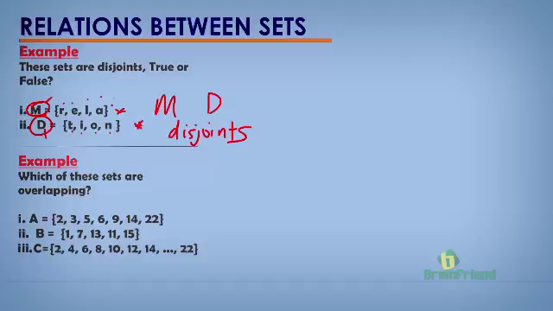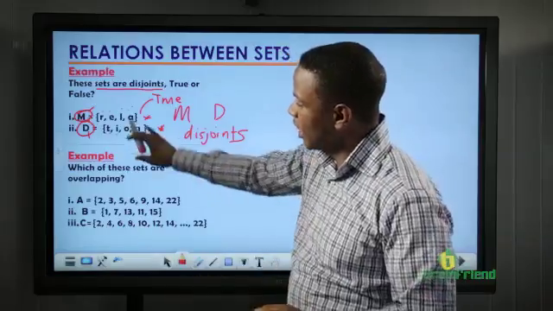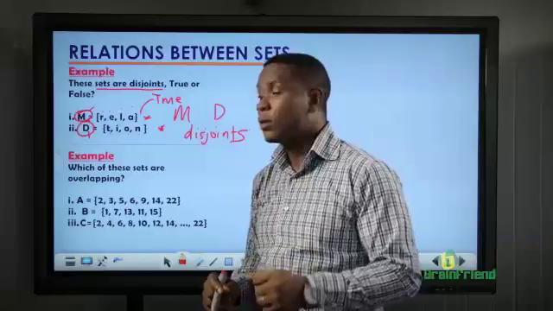So it is true that our sets are disjoint since they have no element at all in common.